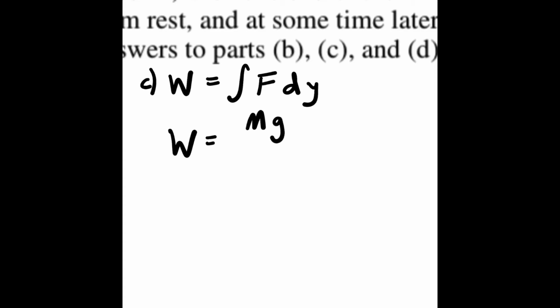Well, this is just the definition of work, which is that work is equal to the integral of f dx, and we'll call that f dy here. Okay. We know what f is. We just found it. So work is going to be equal to mgy over L dy, and that's an integral.